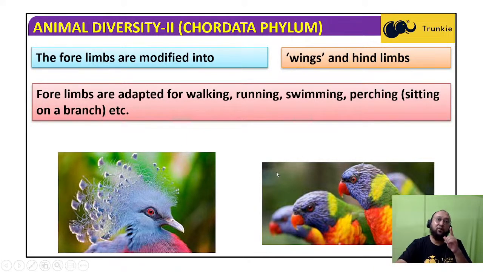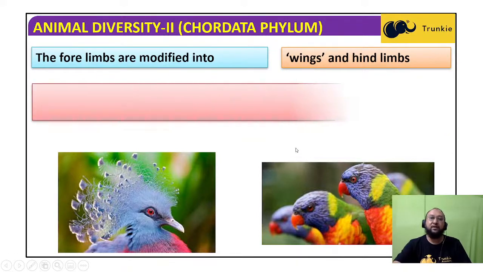Instead of forelimbs in the lower box, it should be hind limbs: the hind limbs are adapted for walking, running, swimming, perching, and sitting on a branch, not forelimbs. Forelimbs are modified into wings. It is written mistakenly here as forelimbs; it should be hind limbs, the limbs at the posterior side. Please observe that.